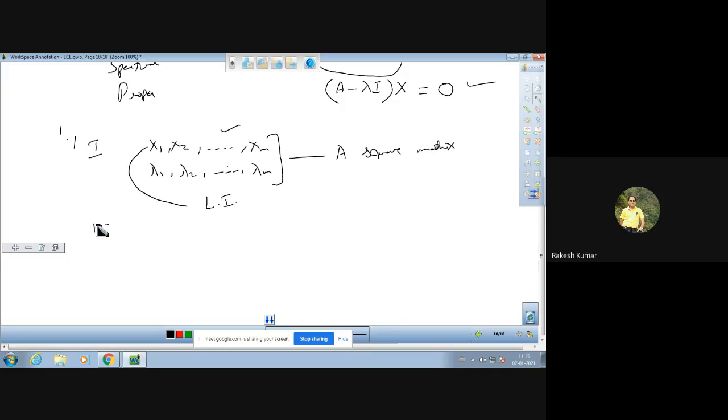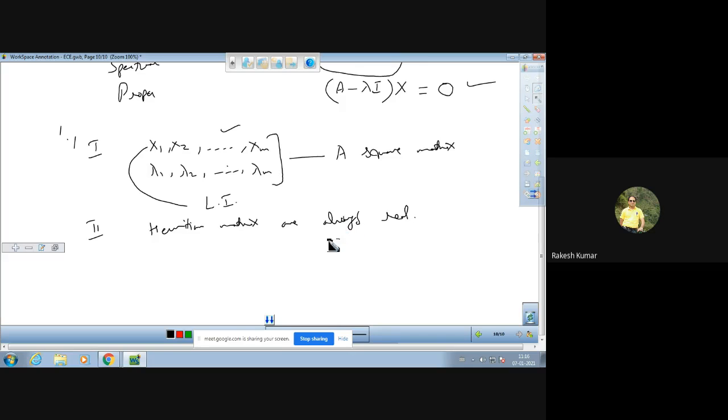We have also another property that the characteristic roots or characteristic values or eigenvalues of a Hermitian matrix are always real. Remember that.